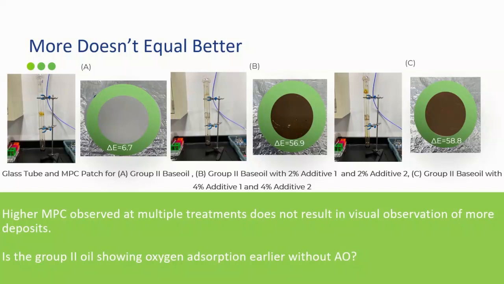So when looking at A, which are the first two images, we see that the group 2 base oil, after 5 days at an excruciating and grueling 180 degrees centigrade being aged, is pretty much holding up.